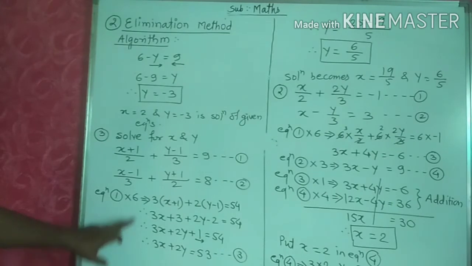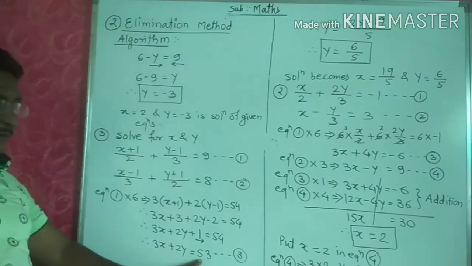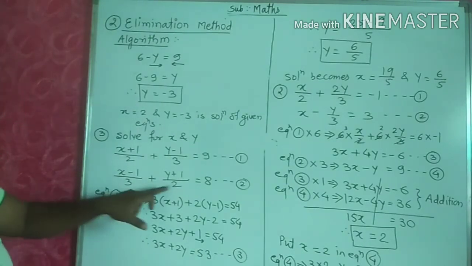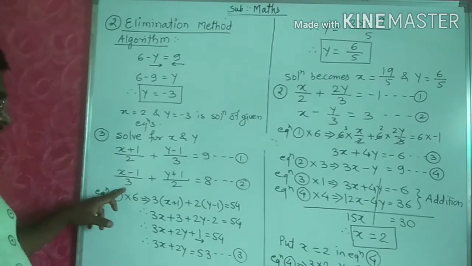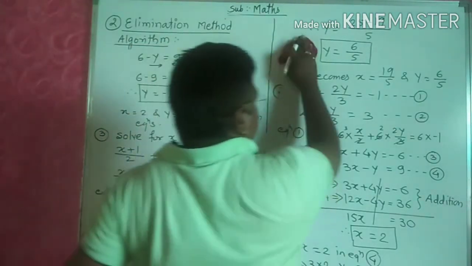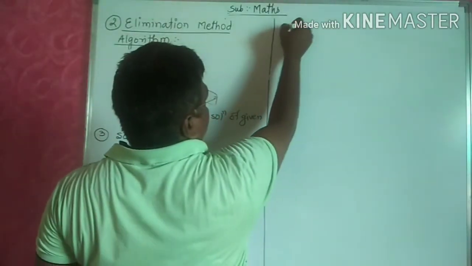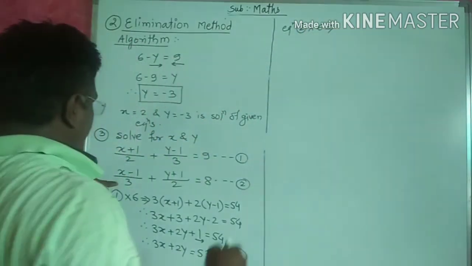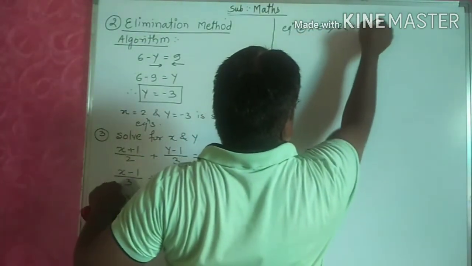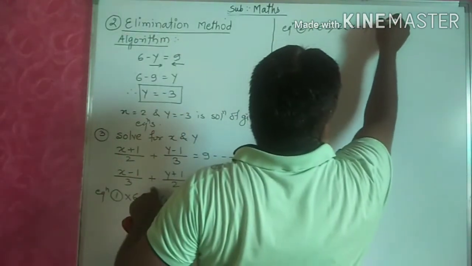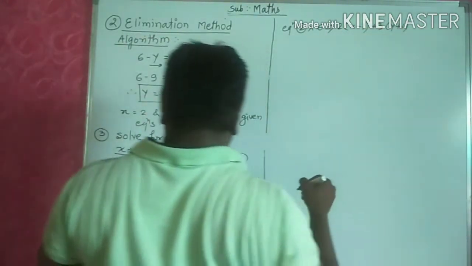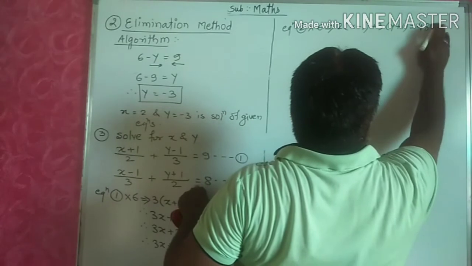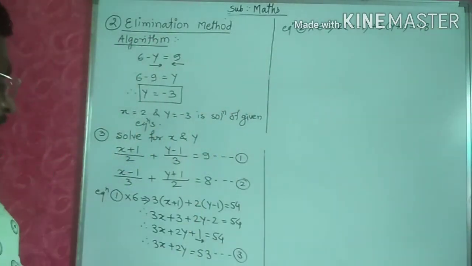Understood, student? So this first equation we converted and made into a simple equation. Now we will go to the second equation. The LCM of the second equation's denominators is 6, so equation 2 also multiply by 6. So what will we get? 2 into (x minus 1) plus 3 into (y plus 1) equals 48, 6 eights are 48.